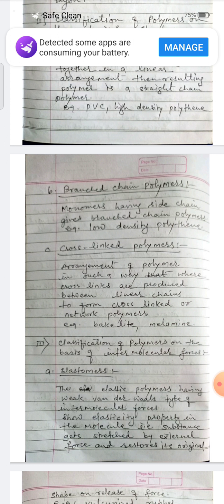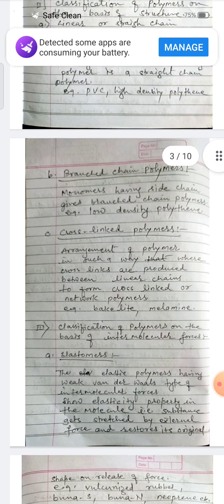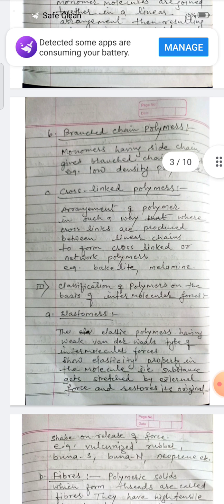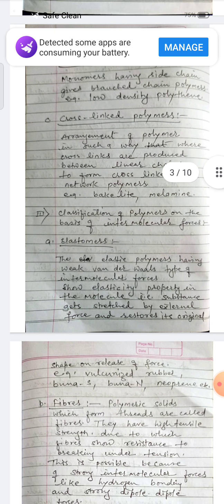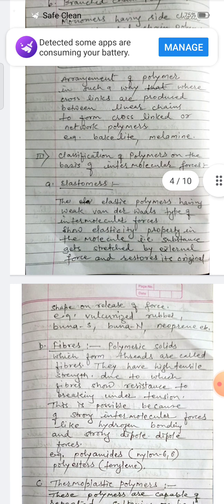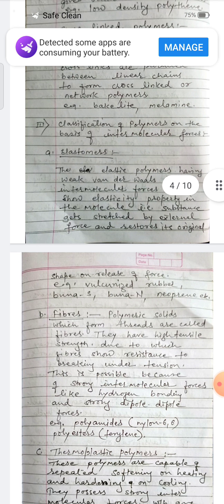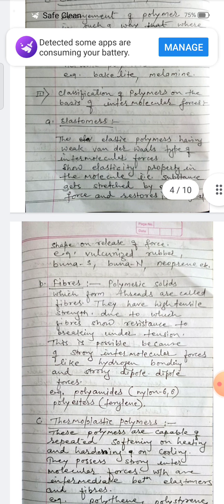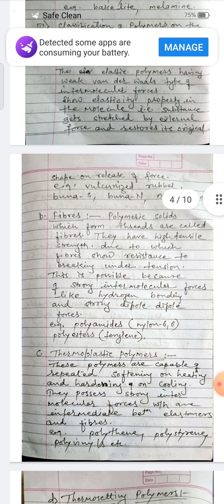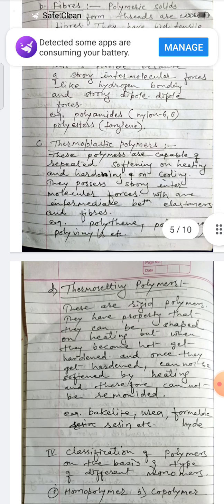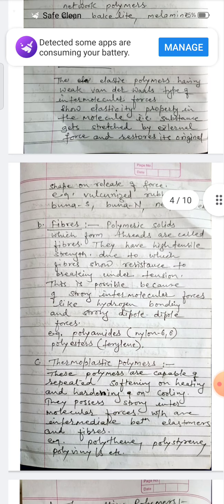Now the third one is the classification of polymers on the basis of intermolecular forces. On this basis, the polymers are of different types: elastomers, fibers, thermoplastic polymers and thermosetting polymers.